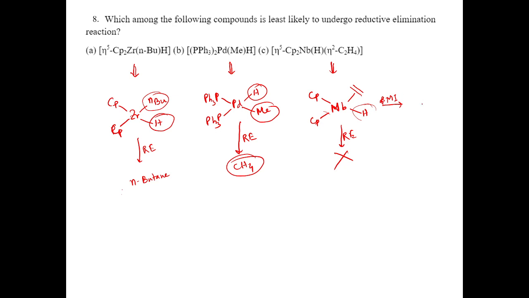Migratory insertion is also possible in this case, but not reductive elimination. So it can do migratory insertion this way, but reductive elimination is not possible in this compound. I mean, it's least likely that it will undergo the reductive elimination reaction. So let's go to the last question.